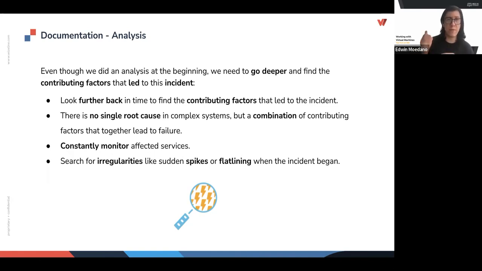Whatever, try to figure out contributing factors that affect the issue rather than thinking of the most obvious one, that maybe it's the code. Sometimes it's not the code. There is no single root cause in a complex system, obviously.